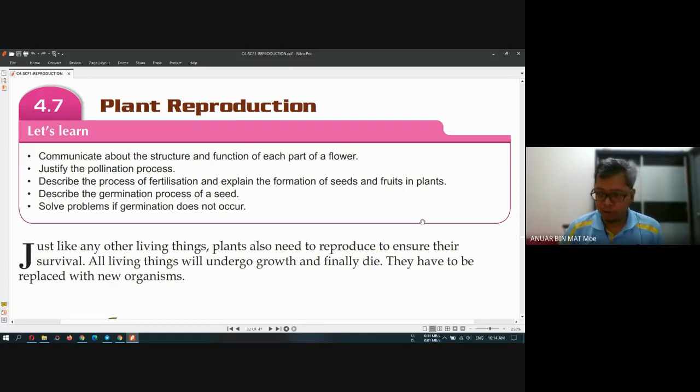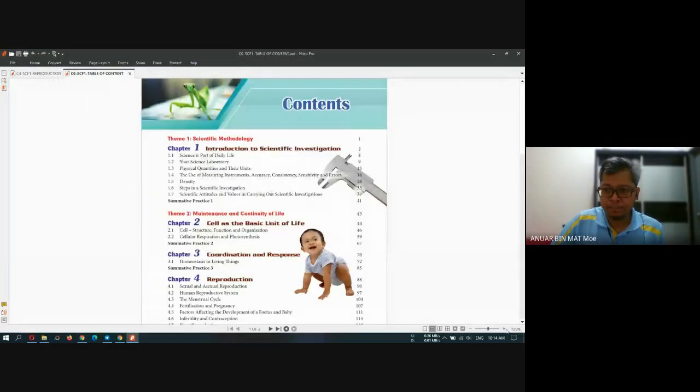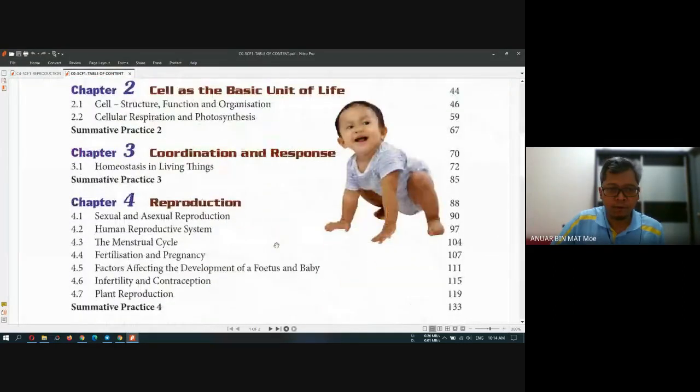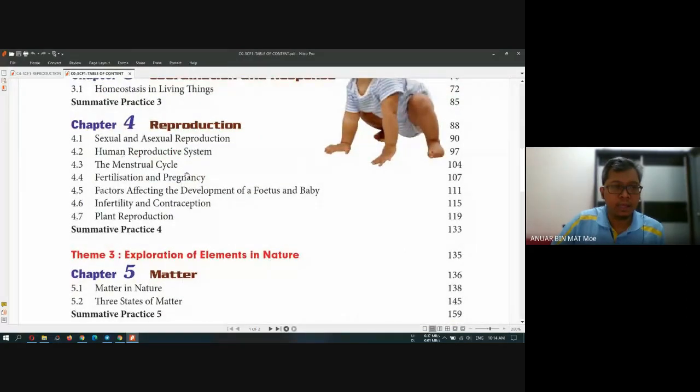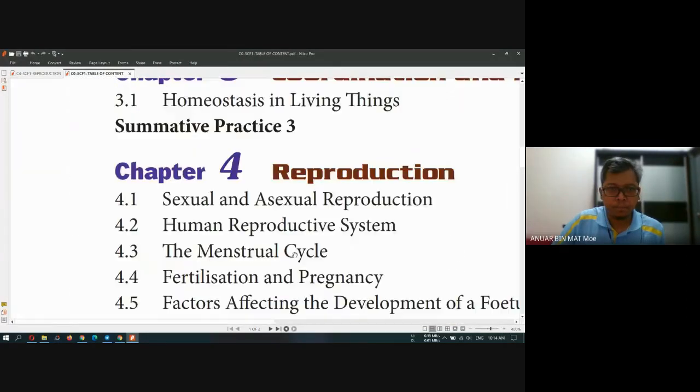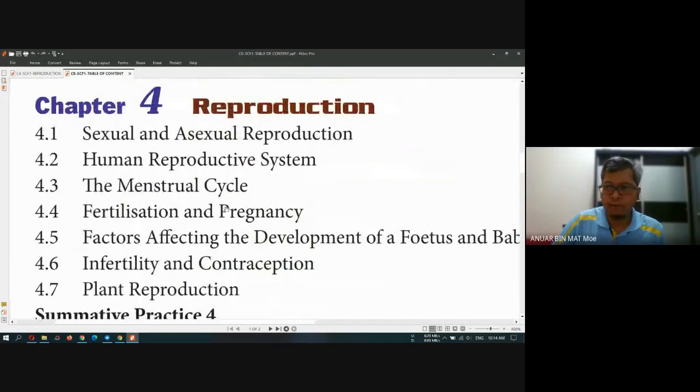So in chapter 4, if you look at the table of content, I will open it for you to see. Like here. Chapter 4, 4.2 until 4.6, you learn about the reproductive system in human. There are 5 subtopics dedicated just to the reproduction of human.